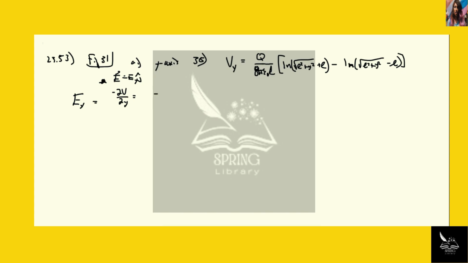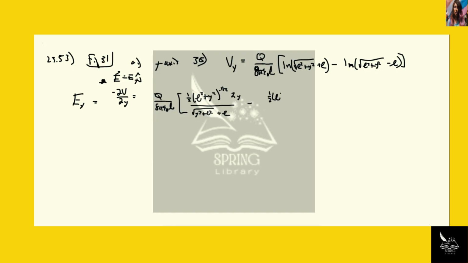So let's do that. From the beginning, we know that we're going to have our constants here, Q over 8 pi epsilon naught L. And now we've got to differentiate the inside. First we should see this comes out to being 1/2 (L squared plus y squared) to the negative 1/2 times 2y, all over y squared plus L squared plus L. The second part's going to be almost identical, just with a minus L on the bottom.